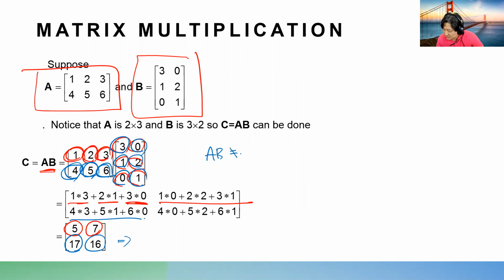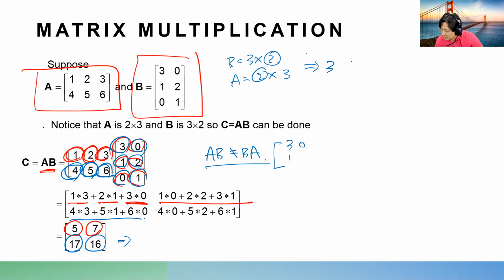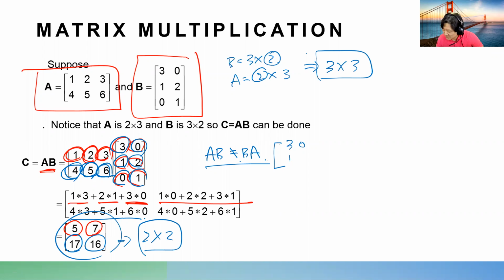B is a 3 by 2 matrix and A is a 2 by 3 matrix. The 2 and 2 match, so it will give us a 3 by 3 matrix. A times B is a 2 by 2 matrix, but B times A is a 3 by 3 matrix. So they are different.